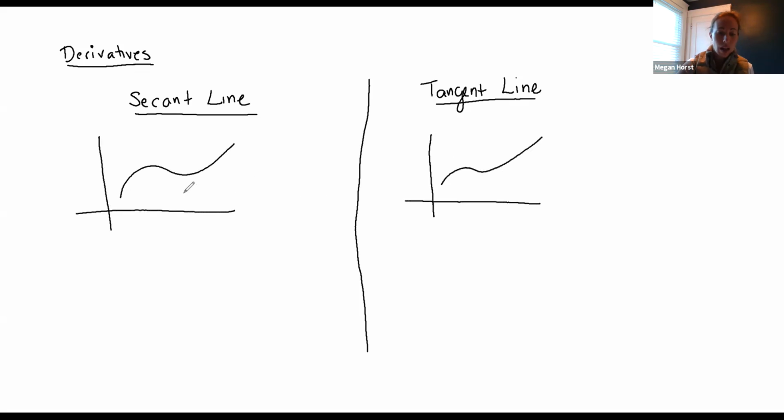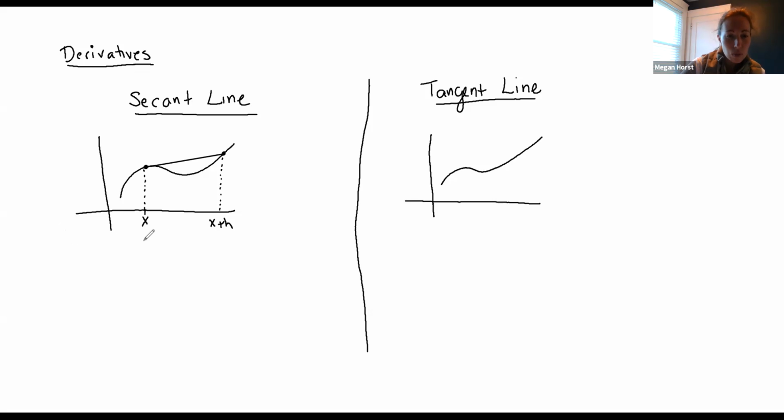Our secant line says, well, I have some x value right here, and then h spaces later, I have some x plus h value. And my secant line is this line that goes from x to x plus h. And we said that we could find the slope of this line quite easily, and we call that the average rate of change.